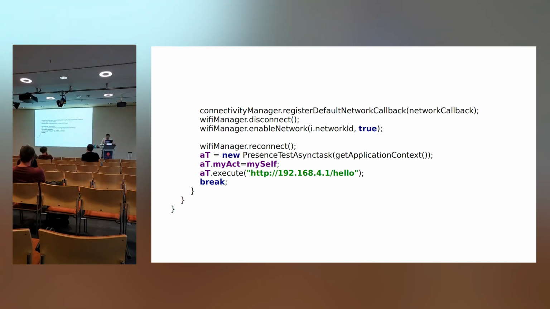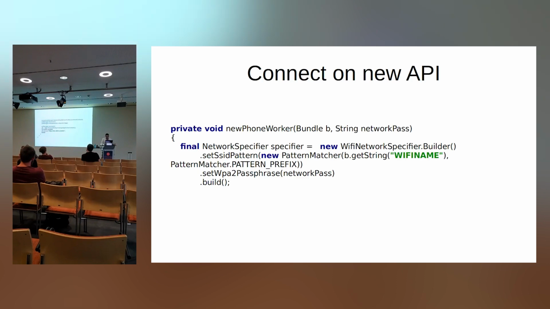But this is basically it. And now we come to the new API. The new API is significantly more difficult because it involves an operating system level common dialog in the process. And you start in the first step by creating a network specifier object.